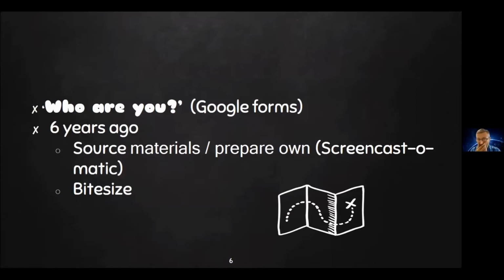It's basically a program where you can record yourself speaking and showing your PowerPoint. I think it's a powerful tool, but like other things, it can be used rightly and wrongly. If you have a very long lecture recorded, it's not necessarily a good idea. But anyway, that was how it started.